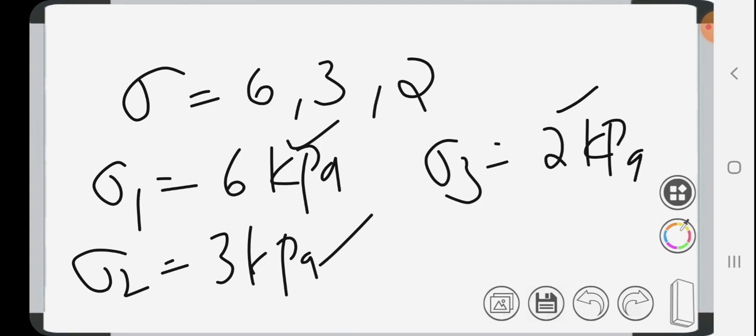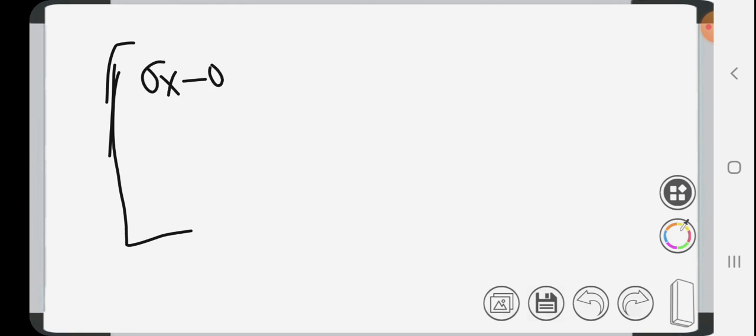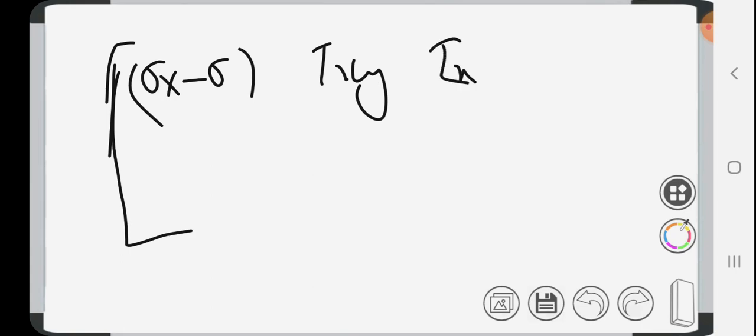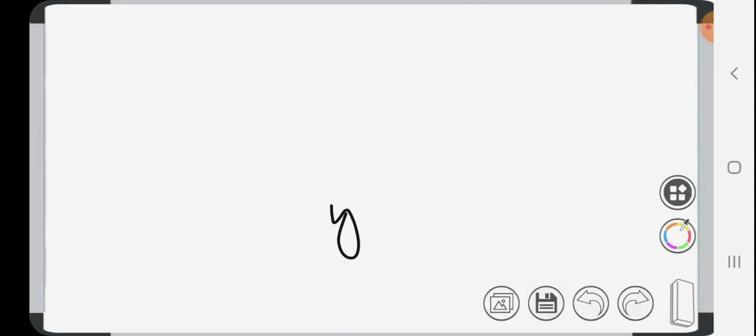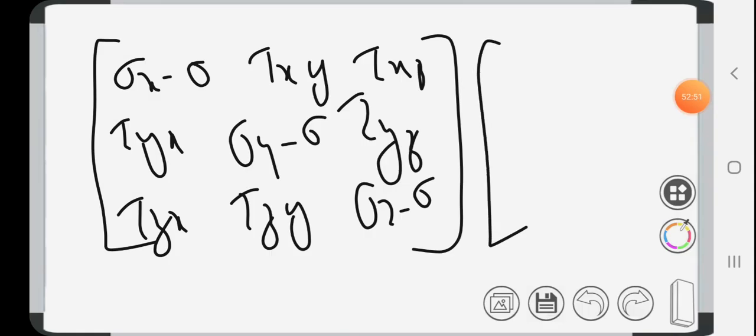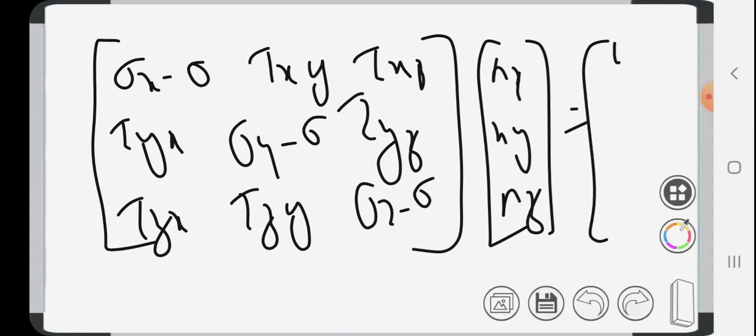Okay. But you know our principal stress equation: the matrix sigma x minus sigma, tau xy, tau xz; tau yx, sigma y minus sigma, tau yz; tau zx, tau zy, sigma z minus sigma; into nx, ny, nz is equal to 0, right?